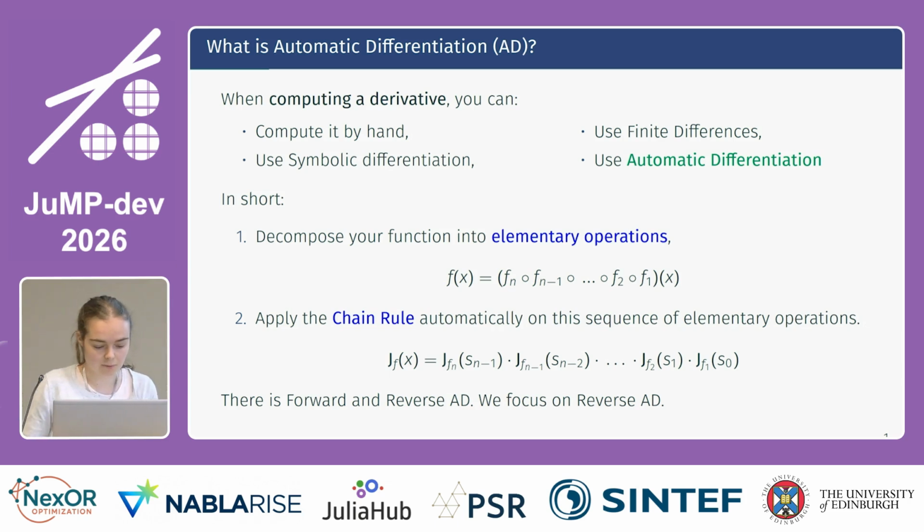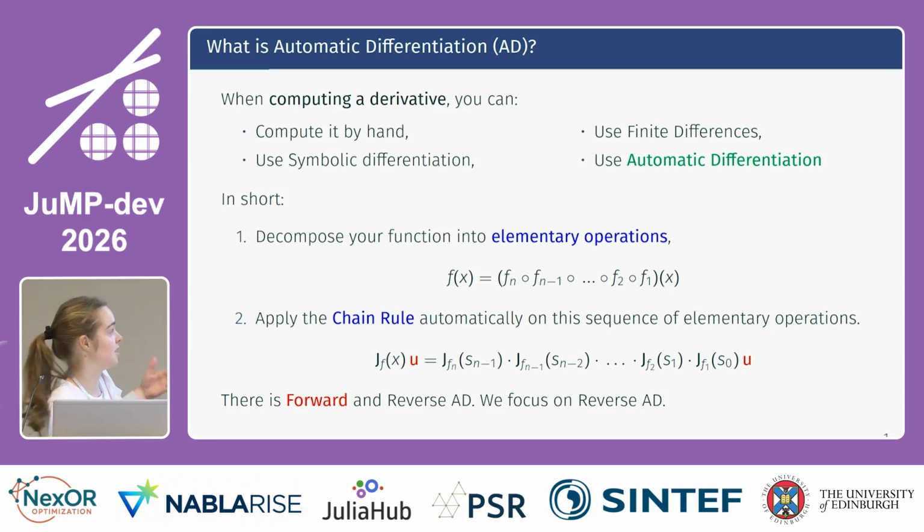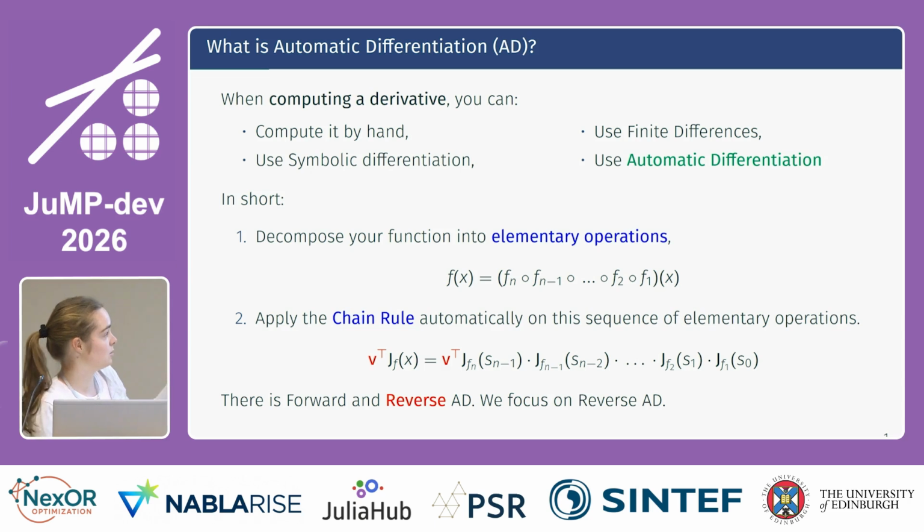So for example, if you apply forward AD, what you actually compute is the product between your Jacobian J and the vector U. And if you use reverse AD, you actually compute the product between your Jacobian J with the V transpose vector. And since it's more efficient for functions that have a lot of inputs and not a lot of outputs, so most of the functions nowadays, we usually use reverse AD, so we will focus on reverse AD.